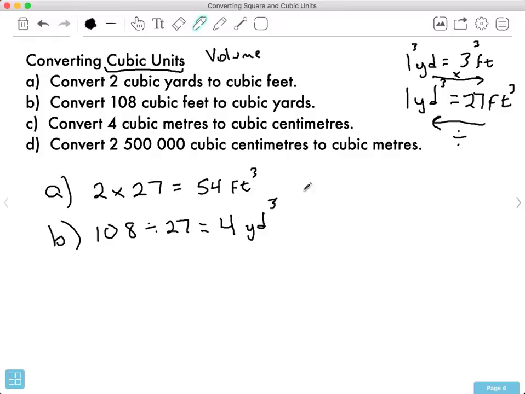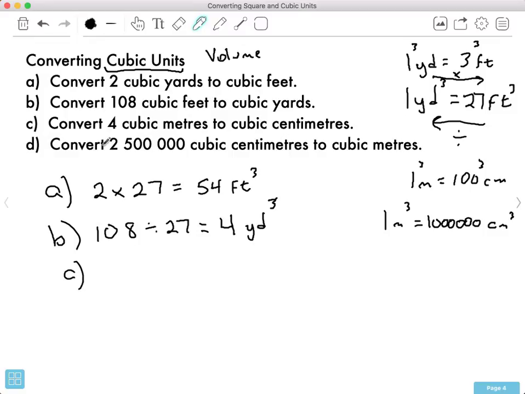The same thing happens if we're talking meters to centimeters. We know that 1 meter is 100 centimeters. So if I cube both of those sides, we get 1 meter cubed is, and I'm going to cube 100. Doing 100 cubed on your calculator gives you 1,000,000 centimeters cubed.